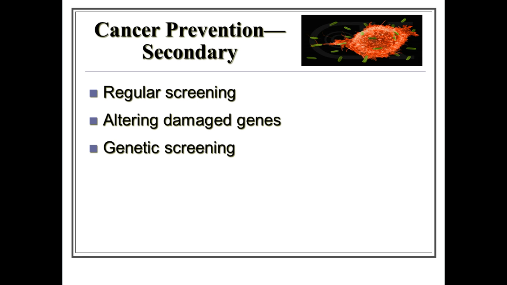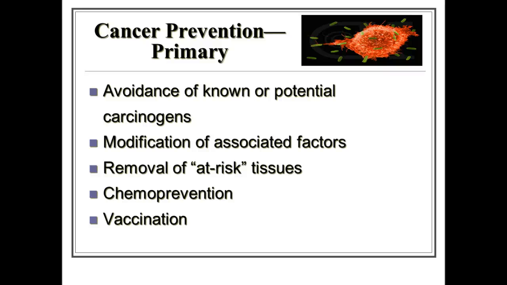Cancer prevention, of course, you're going to have regular screenings, like people who go and screen for breast cancer and that type of thing. They also have genetic screening for altered or damaged genes. And a lot of times when you do the prevention, oh, I'm sorry, let me go back.